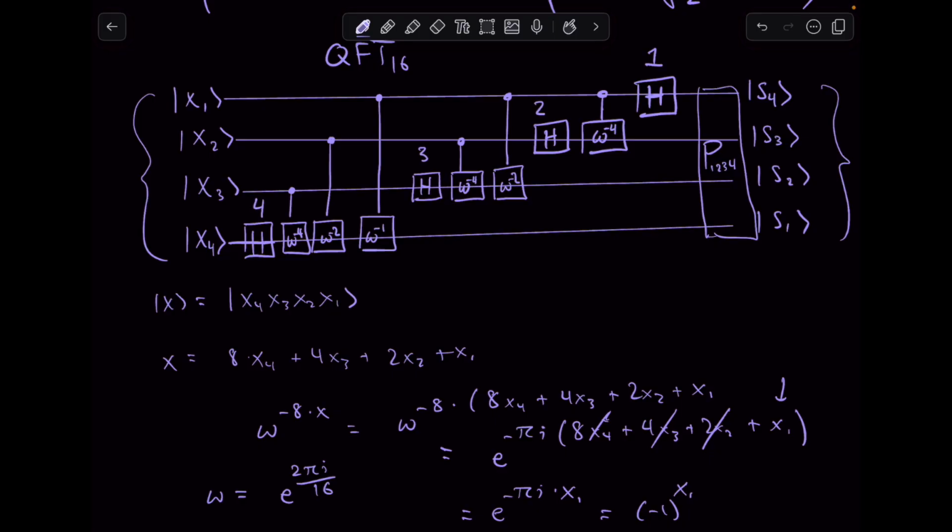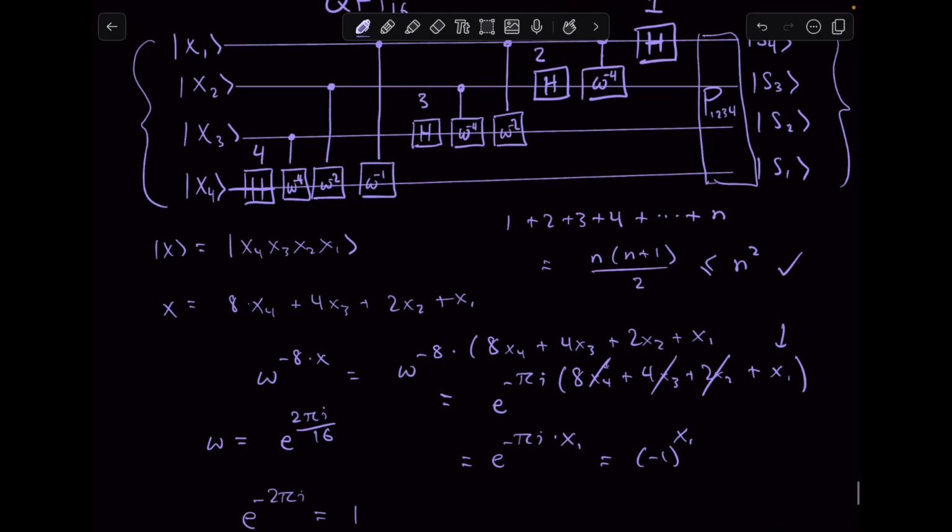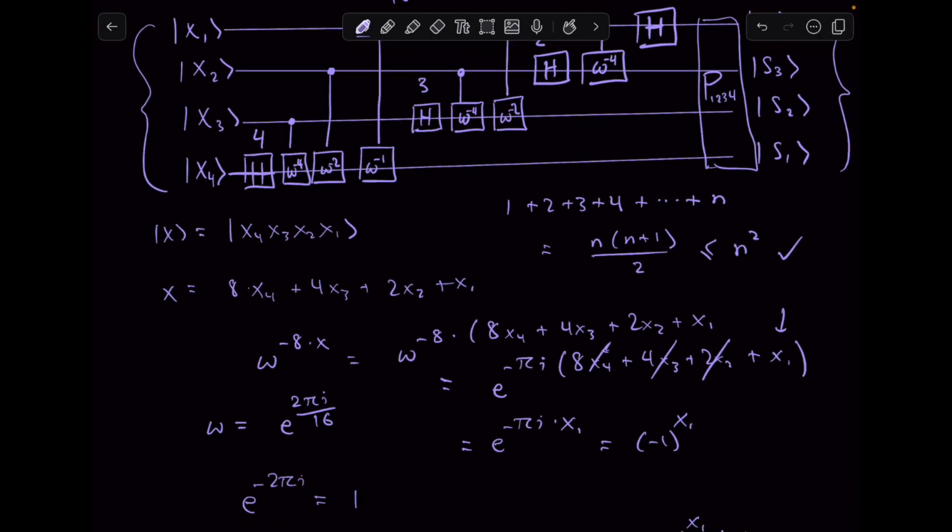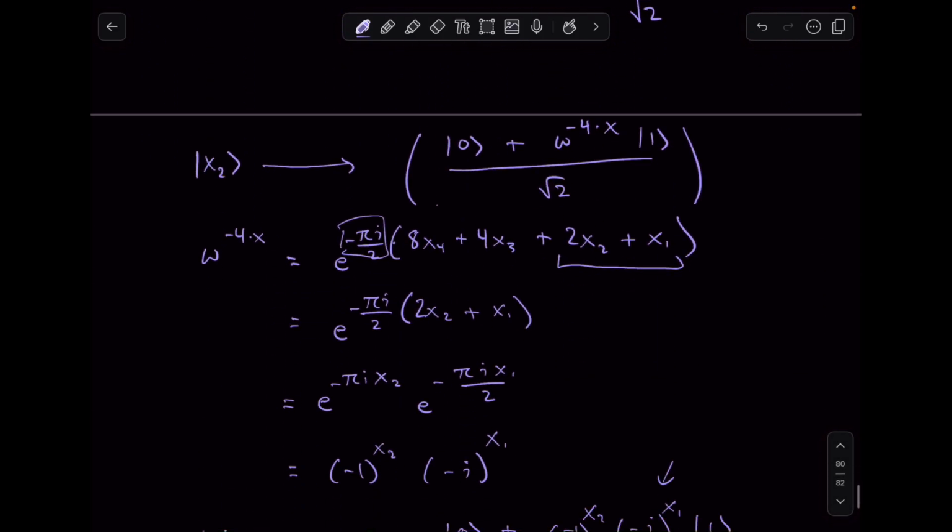And for the fourth, finally, it's 4. So it's 1 plus 2 plus 3 plus 4. And it's easy to see that if we had n qubits rather than 4, the sum would continue to n. And there's a formula for this, n times n plus 1 over 2, which is less than n squared. So this can be implemented efficiently on a quantum computer, which is pretty neat.